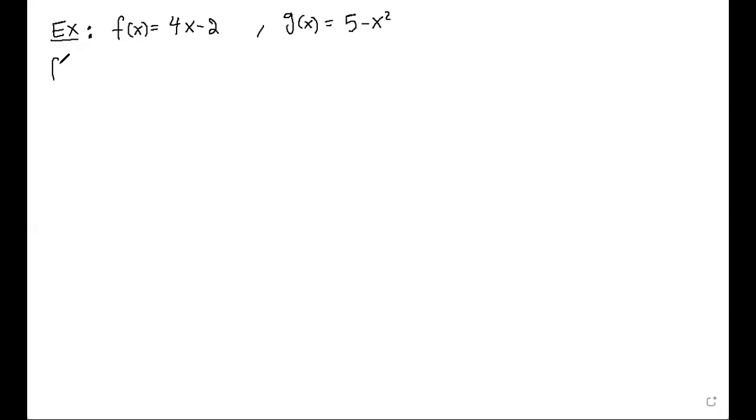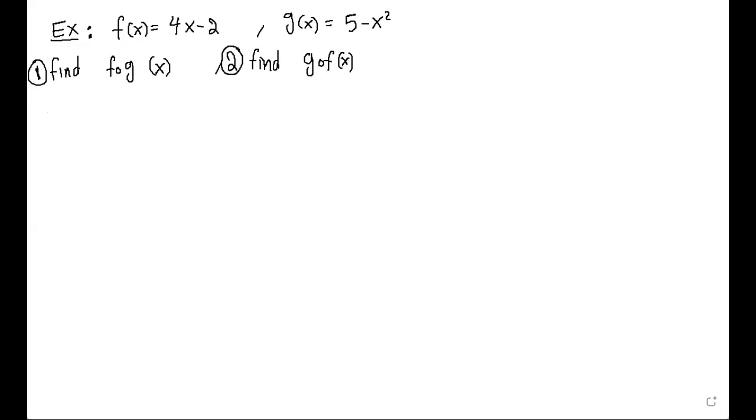And the question is find f circle g of x and find g circle f of x. This is number 1. This is number 2.